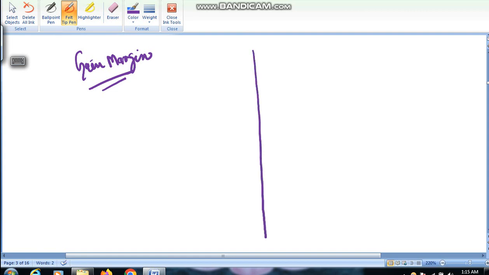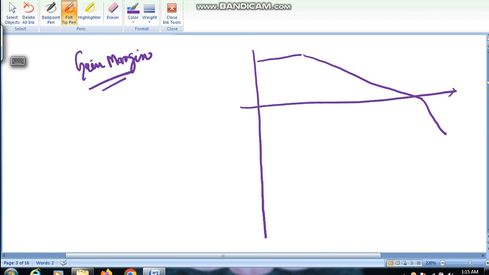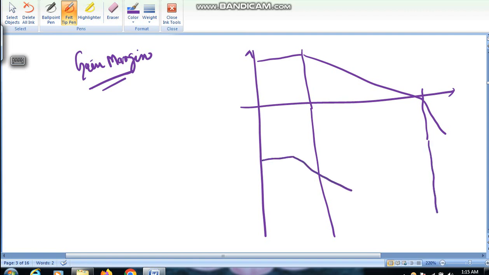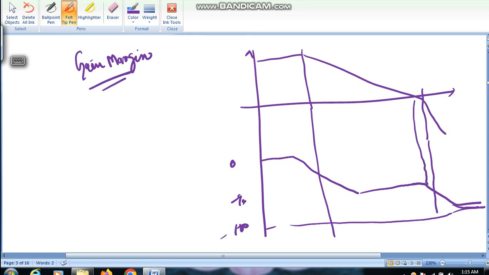If I draw a two pole system, this is your P1, this is your P2, and this is 0, minus 90, minus 180. Here UGB is somewhere here, so this is your phase margin. This is magnitude, this is gain plot.